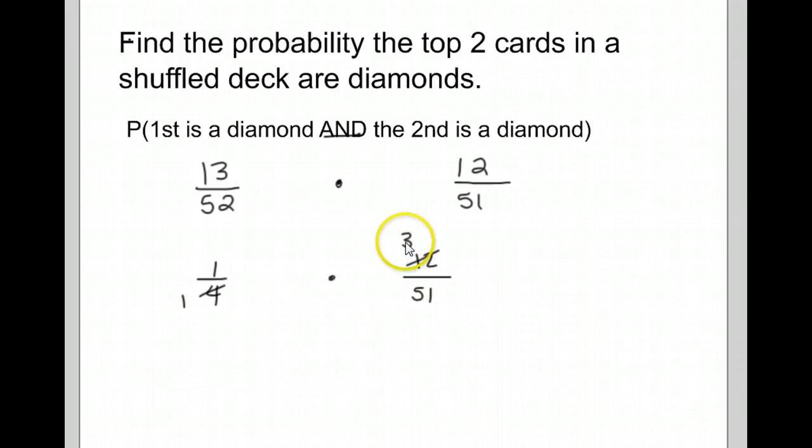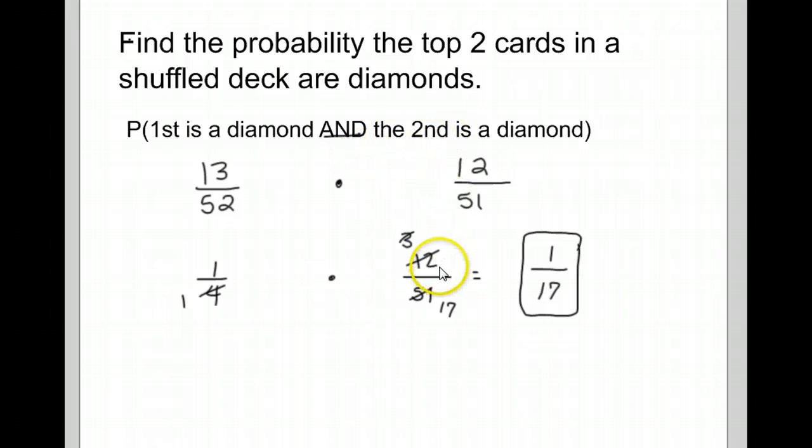And then 3 does have something in common with 51. 5 plus 1 is 6. 6 is divisible by 3, so that means 51 is also. So I'm going to take 3 and go into the 51, and if you do that, you'll get a 17. 3 goes into 51 17 times. And then the only thing left up top is just a 1. The only thing left on the bottom is a 17. So there's a 1 out of 17 chance that the top 2 cards are both diamonds.